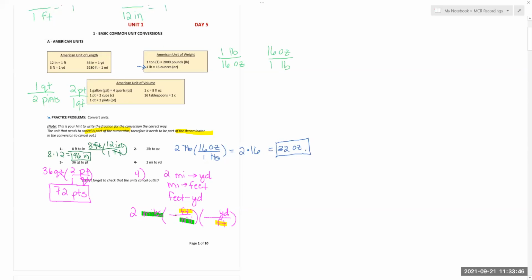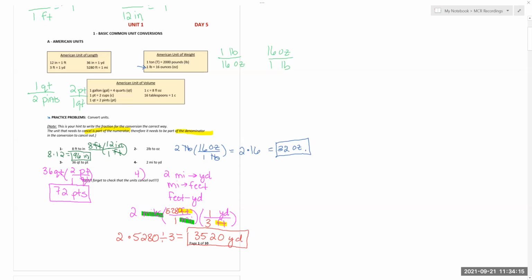So there are, let's see, 5,280 feet in a mile and 3 feet in 1 yard. So what I'm going to do is 2 times 5,280 and then divide that by 3. So everything across the top gets multiplied. Everything across the bottom gets divided, and that gives me 3,520 yards for question 4.